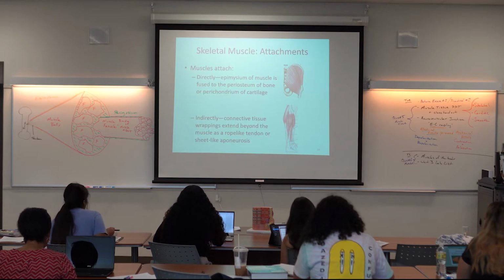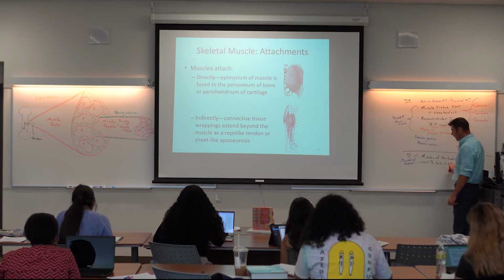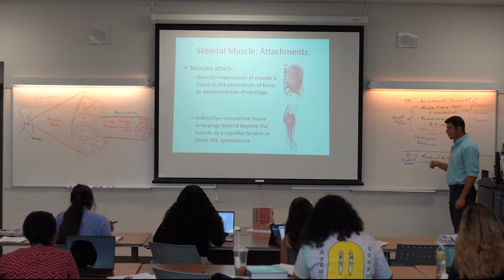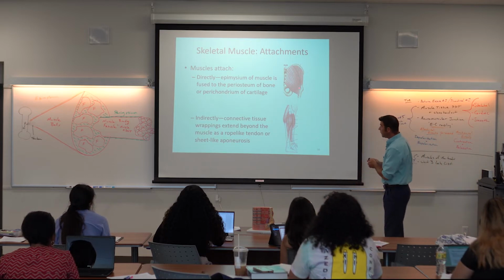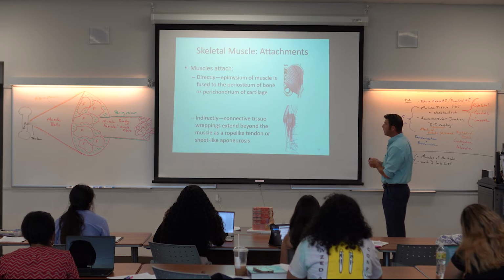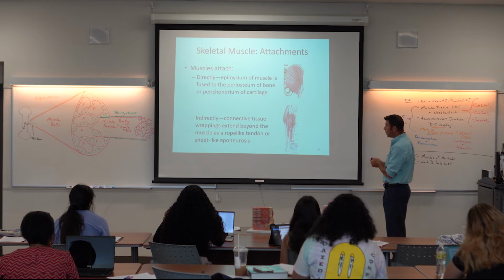Other general terms to introduce real quick. When we talk about muscles of the body, some of them are going to be referred to as being indirectly attached to bones versus this more direct attachment. A direct attachment is when these muscle fascicles actually anchor to the bone itself.